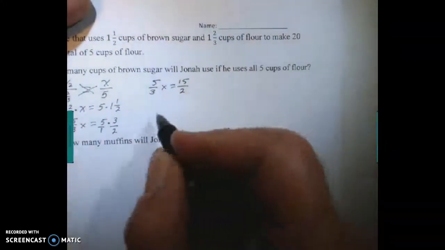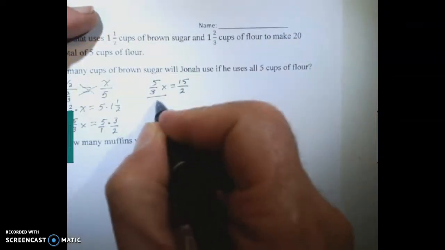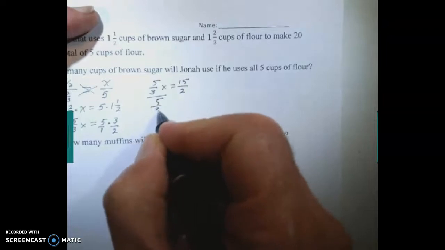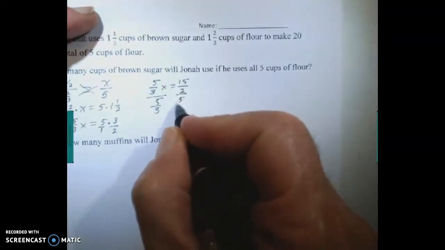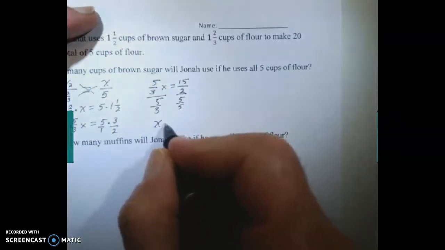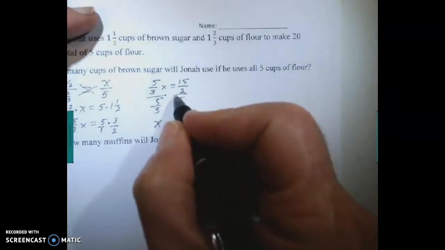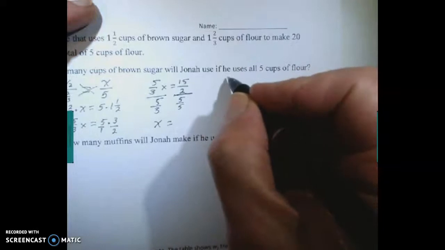So to solve this equation, you need to get the x by itself. It's being multiplied by 5/3. You want to divide by 5/3. Do the same to this side. Divide by 5/3. This side will get you your x. This side is what we're going to need to do for our answer.